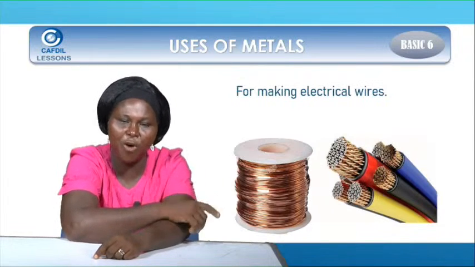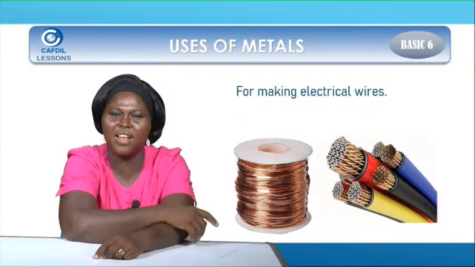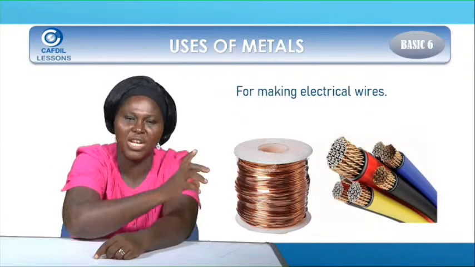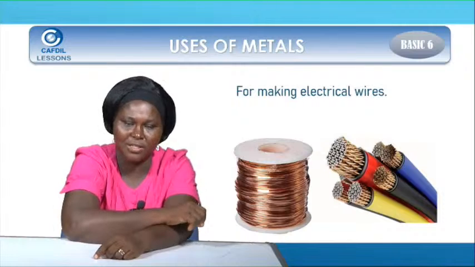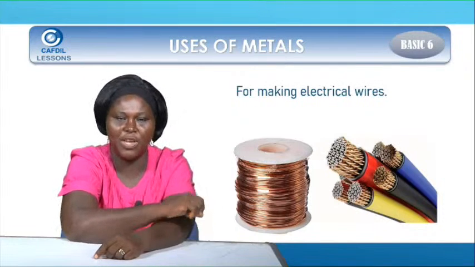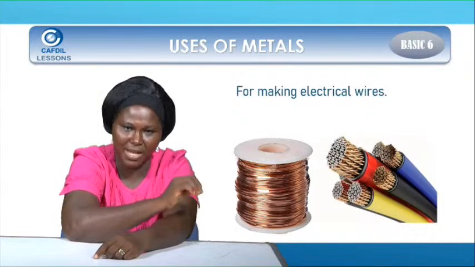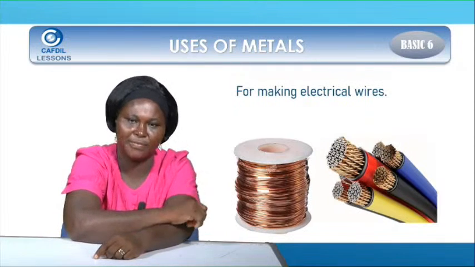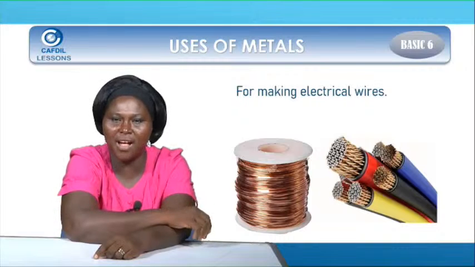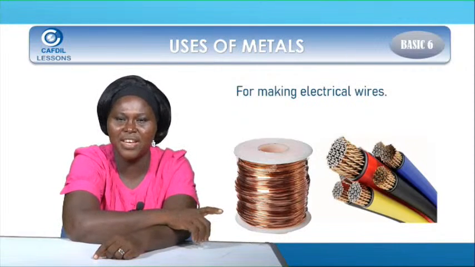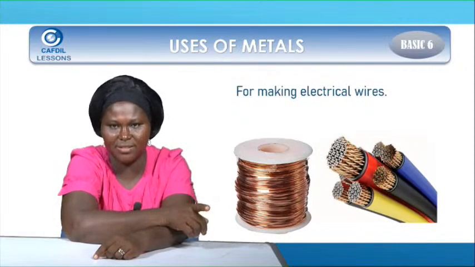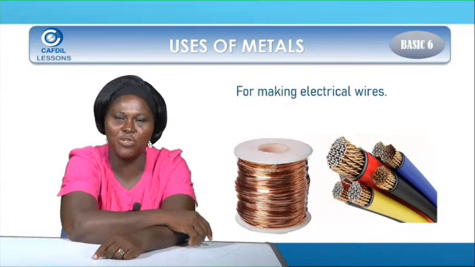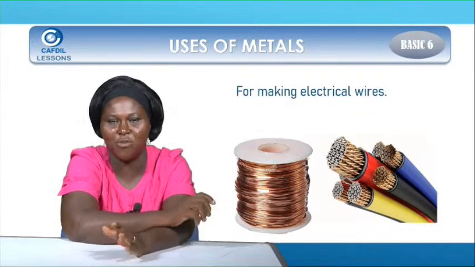Before we use it to make electrical wires, we have to insulate it with plastic so that it will not give us shock. So metals are used for making electrical wires.